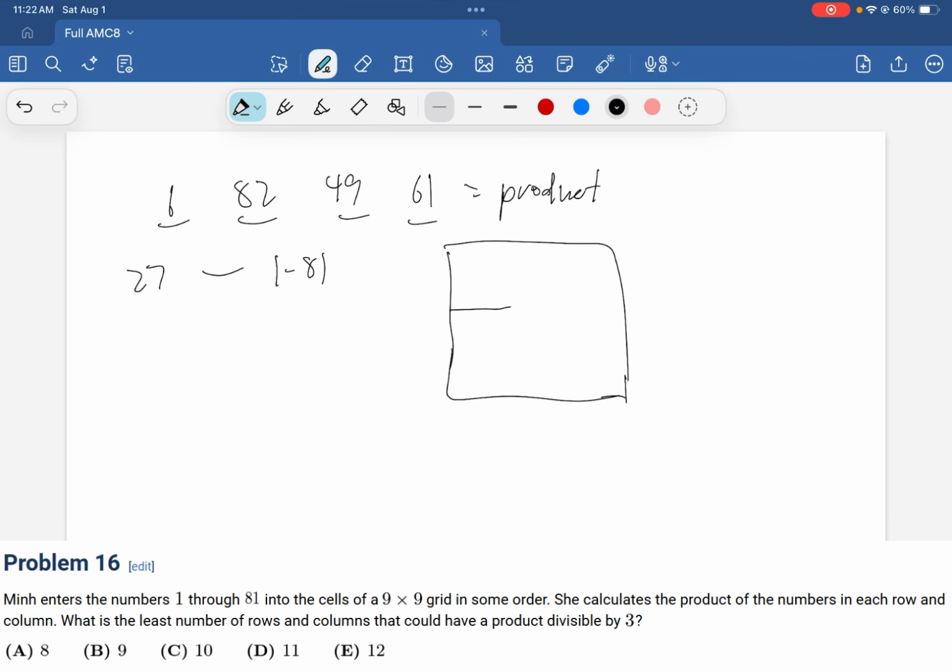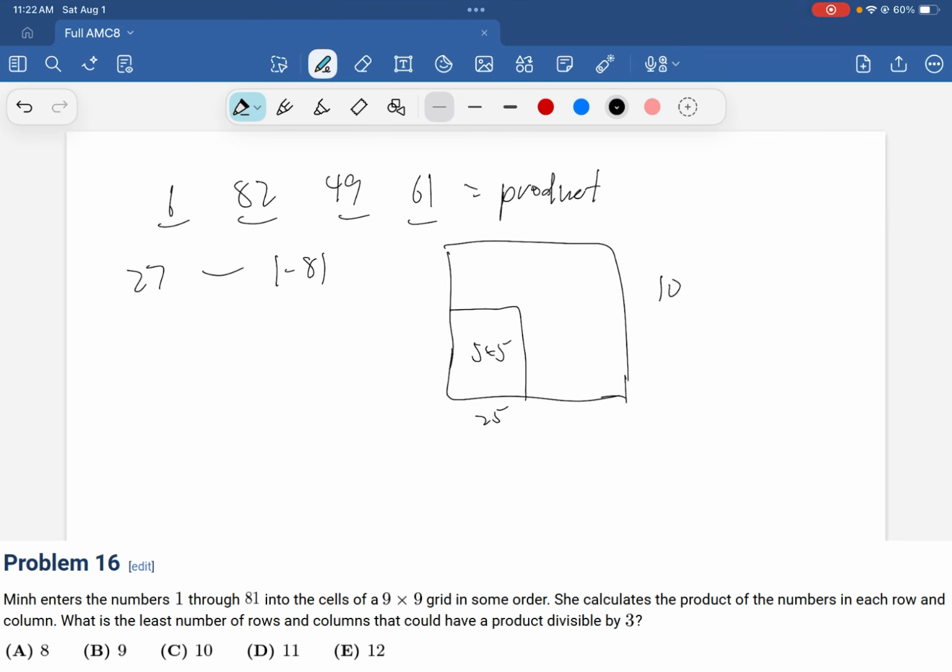If we have a 5x5 grid here, this takes care of 25 numbers, and this gives 5 plus 5 equals 10 rows and columns that contain a product divisible by 3. But we still have 2 more. So we know the answer is greater than 10 because this is optimal.